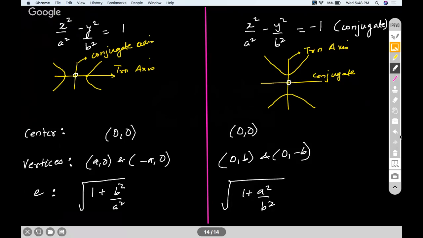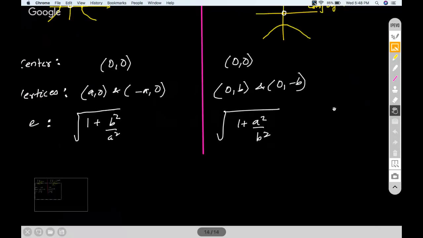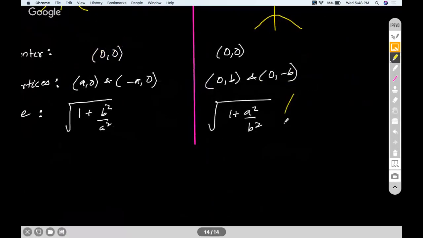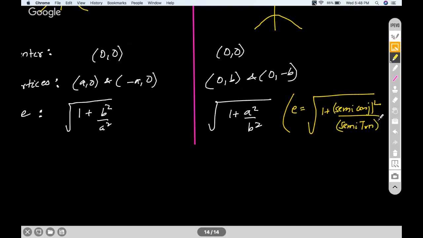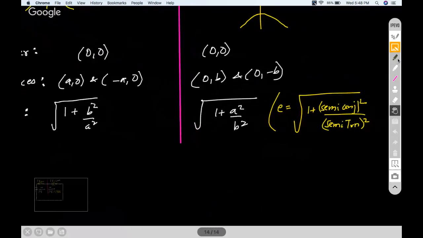In both of these cases, the eccentricity is given by the square root of 1 plus the semi-conjugate by semi-transverse, squared. So this is a universal formula for eccentricity. Please keep this in mind.